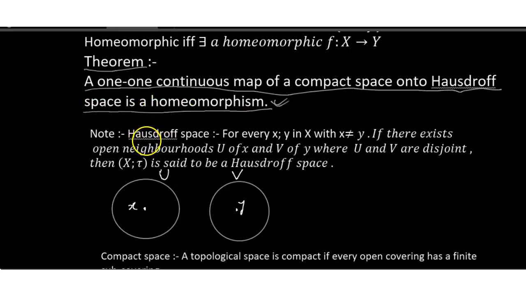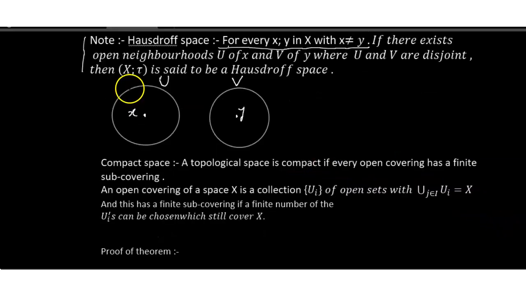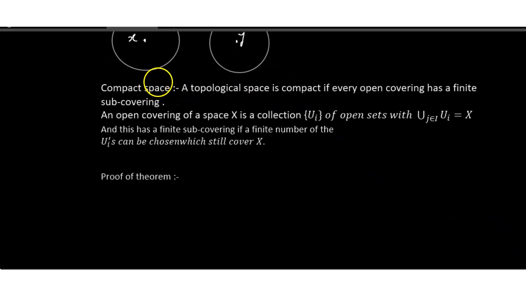So what is a Hausdorff space? Recapitulation. For every x, y in X with x not equal to y, if there exist open neighborhoods U of x and V of y where U and V are disjoint, then (X, tau) is said to be a Hausdorff space. Compact space.